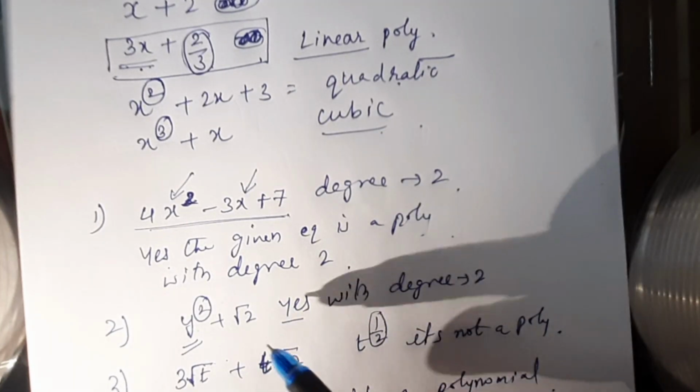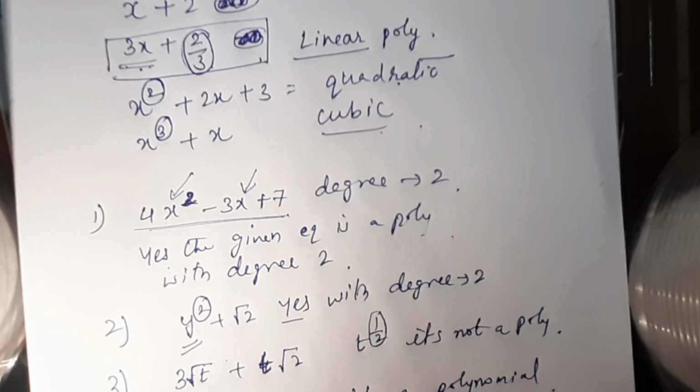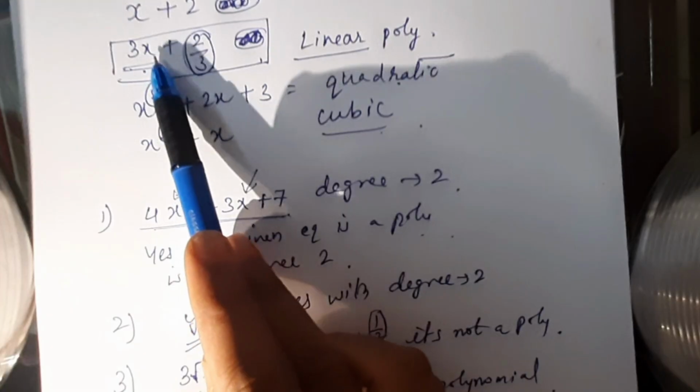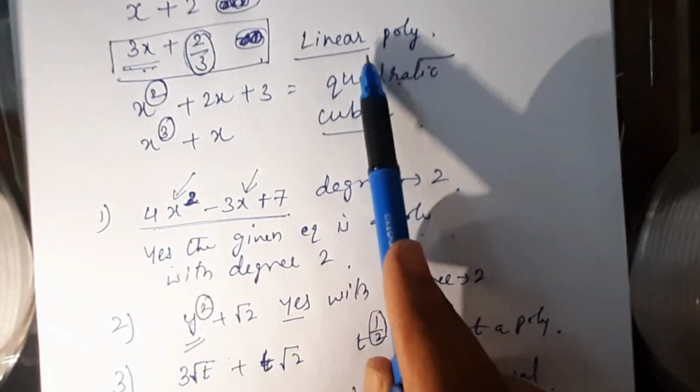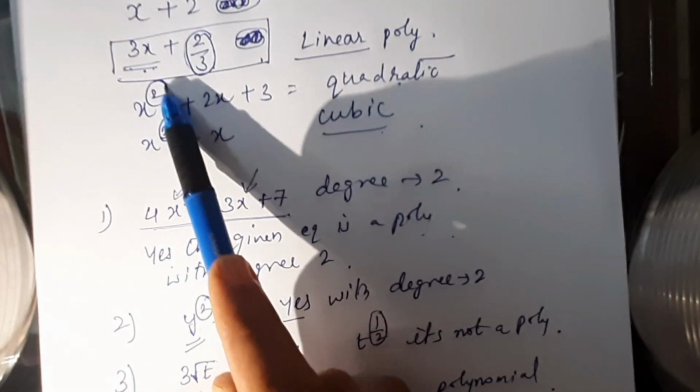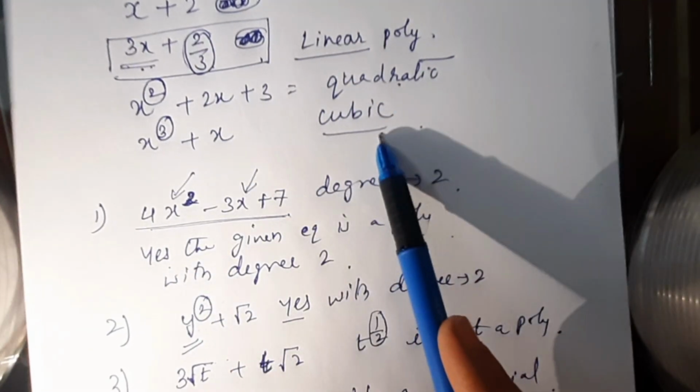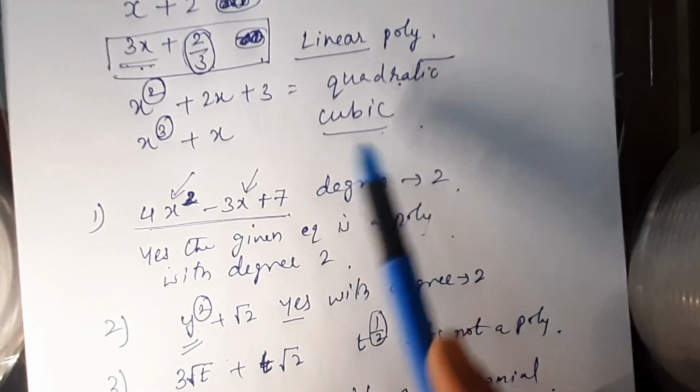Other than that, with any power, it can be a polynomial. In your syllabus, you have only linear, quadratic and cubic polynomials. So you need to concentrate on only 3 powers. If the degree of x is 1, we call it a linear polynomial. If the degree is 2, we call it a quadratic polynomial. If the degree is 3, we call it a cubic polynomial. So this is the first condition.